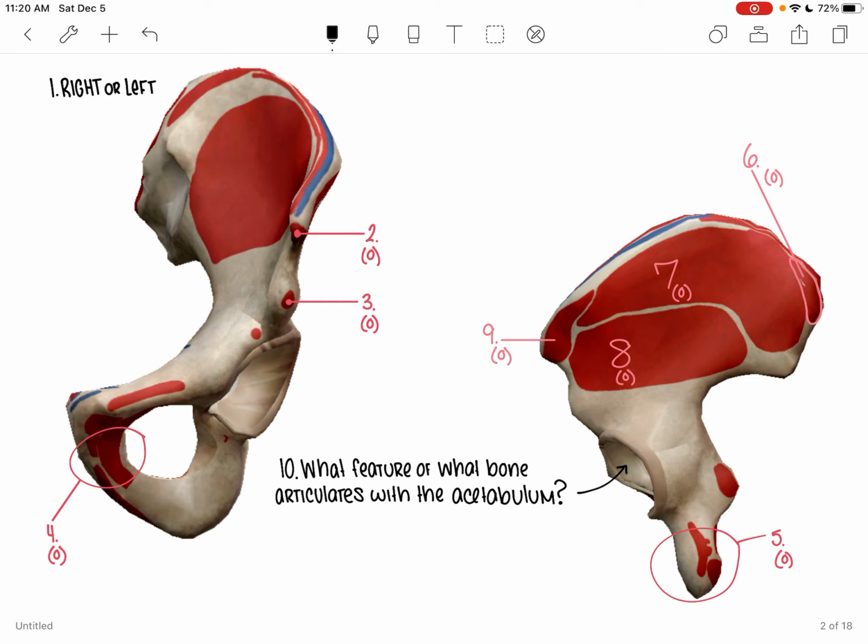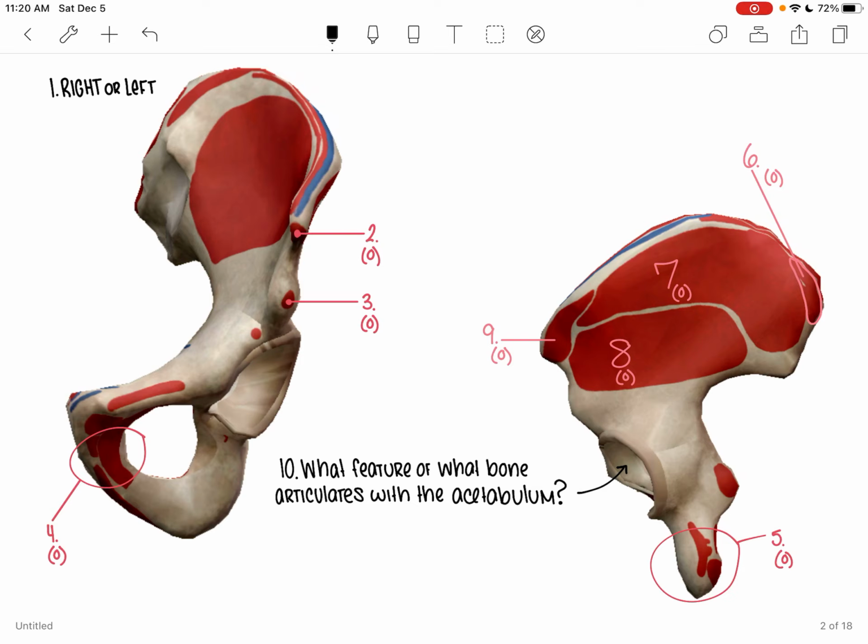Then number 10 is just going to ask you what feature of a different bone articulates with the acetabulum. So go through these questions. For numbers 2 through 9, identify what muscle originates at that area of the bone. You can pause the video and go through that, and then we'll go through them together.